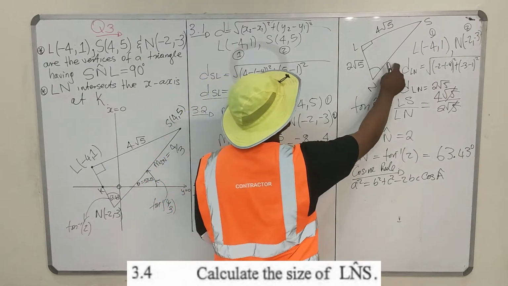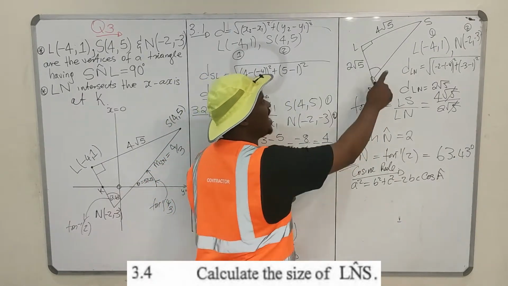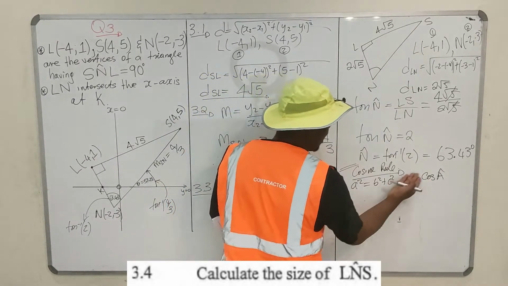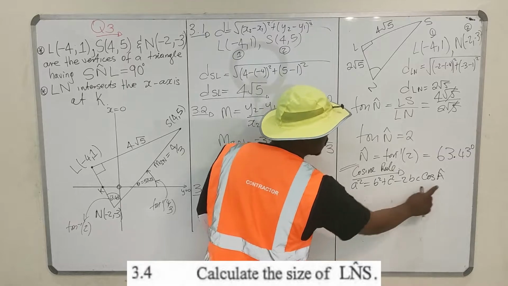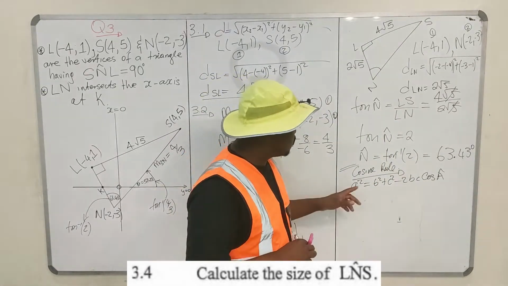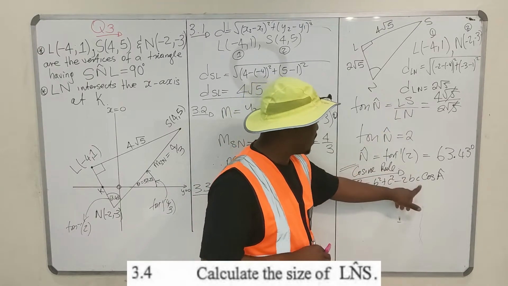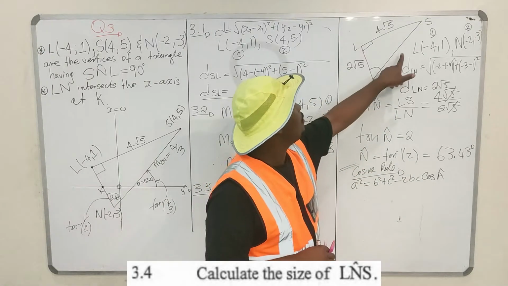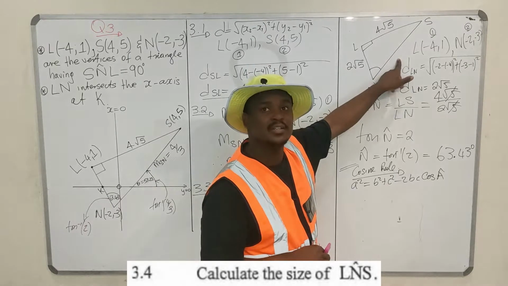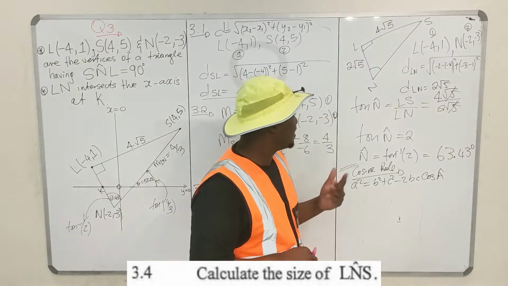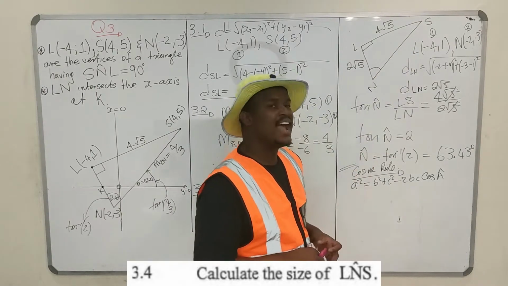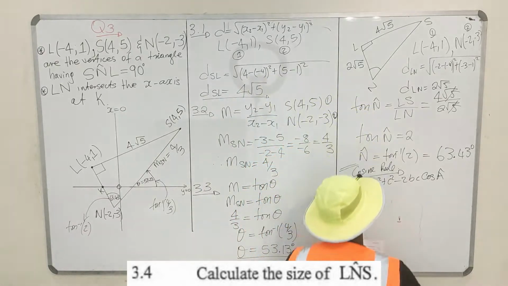You can use Pythagoras to find NS, so that we have all the sides, and we're only left with the angle that we want. If you want the angle n, you need to have all the sides. But here you are missing one side. The side that we're missing is NS. Let's find NS using Pythagoras.